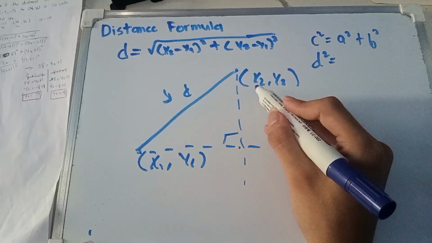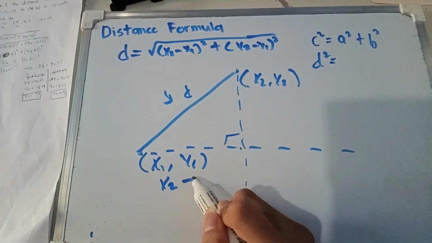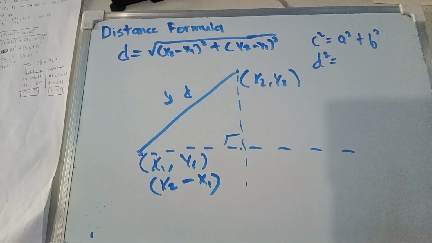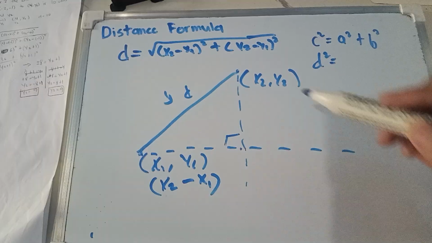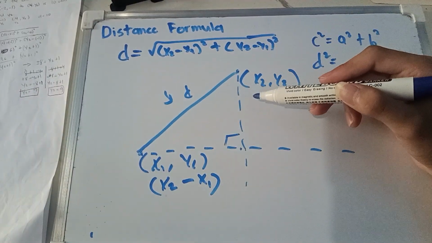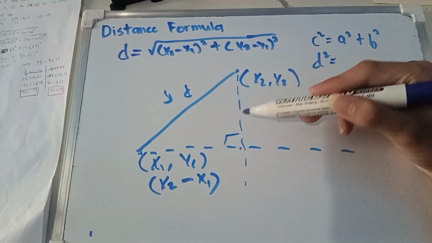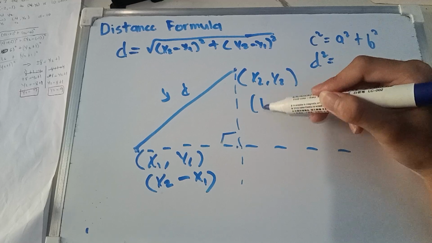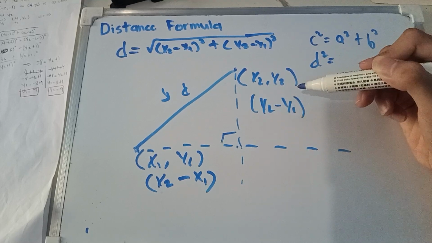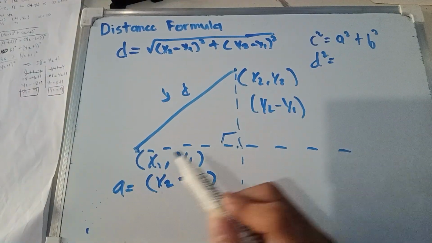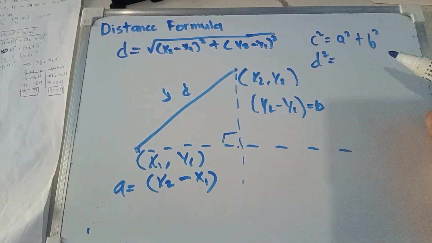So we can say that x sub 2 minus x sub 1 is the distance of our x component. Now same concept for the y component. The difference of y sub 2 and y sub 1 is the distance of our y component. So let's call this a, and let's call this b.